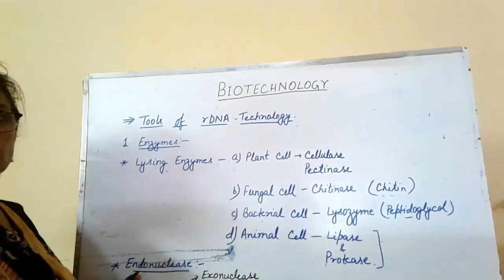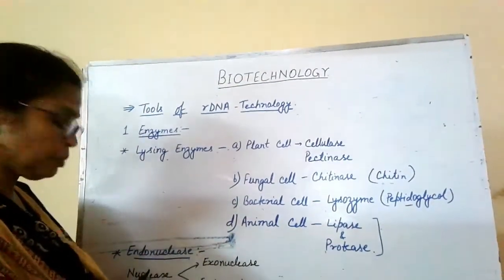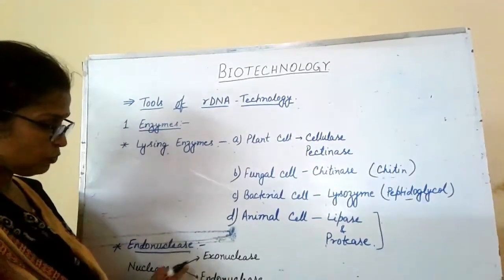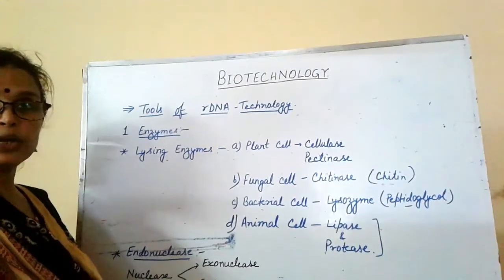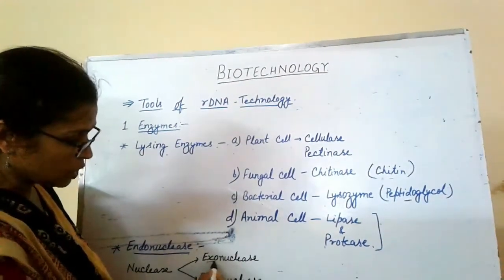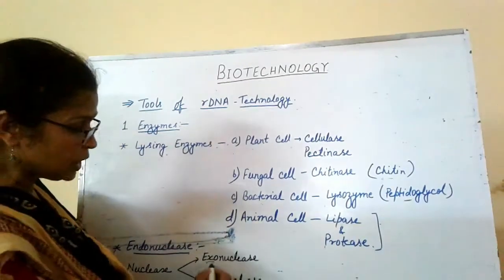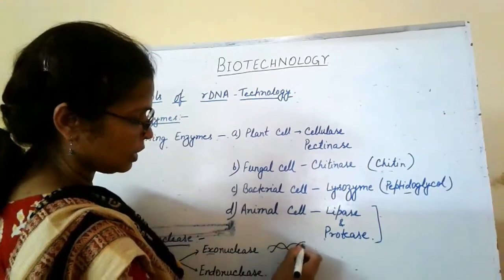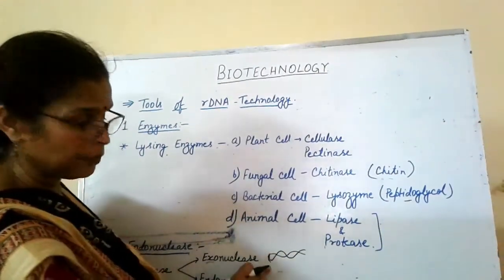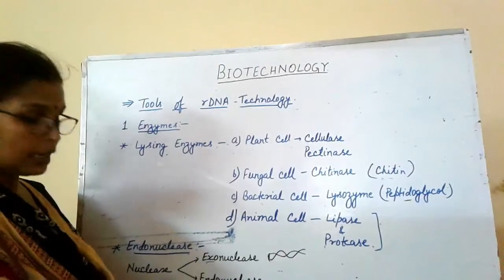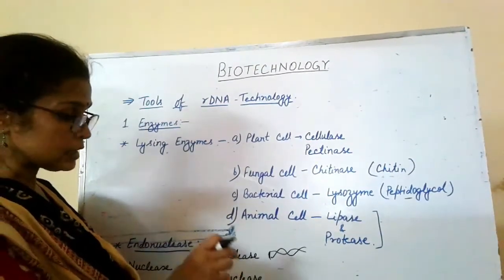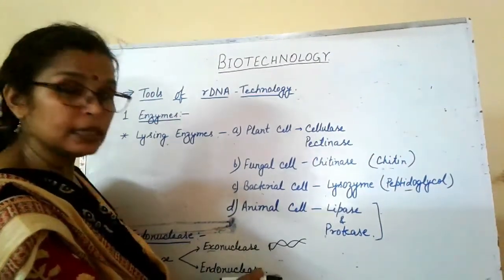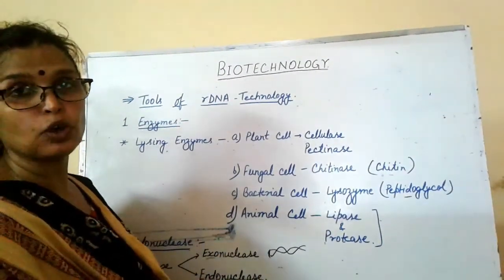Now the endonuclease. Endonuclease belongs to the nuclease family, and nucleases are of two types, exonuclease and endonuclease. Exonuclease removes nucleotides from the end part of the DNA. Endonuclease can cut the DNA at a specific point within the DNA, by recognizing a sequence, and that sequence is a palindromic sequence.